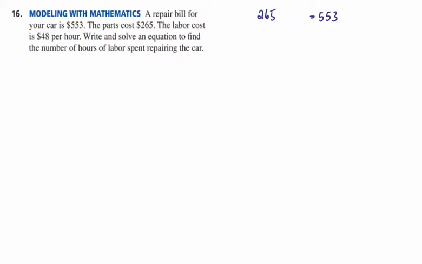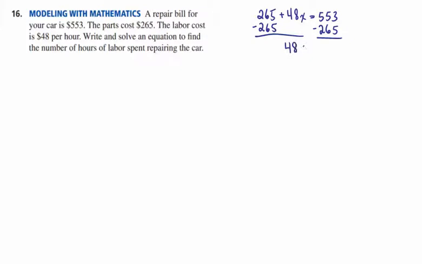So we know that we will have $48 for each hour that is spent repairing the car. So now we have this multi-step equation, and we're going to solve it using the strategies that we've talked about throughout this section. Since there is nothing to distribute, there is nothing to simplify before we begin, we can start with addition and subtraction.